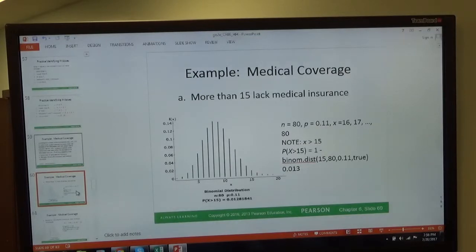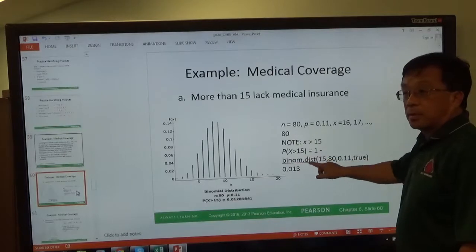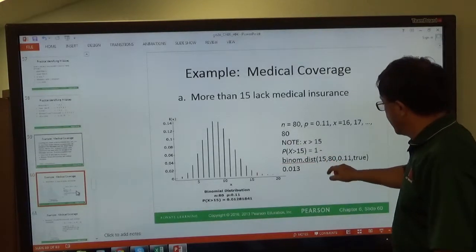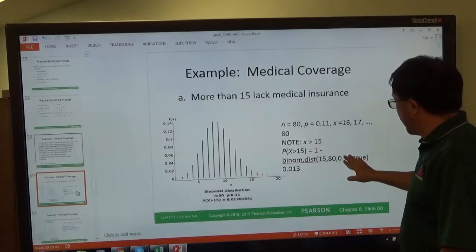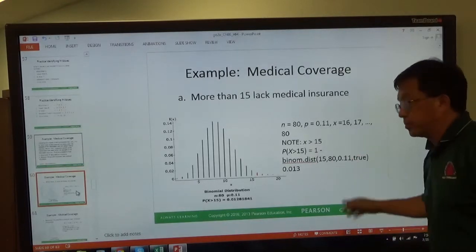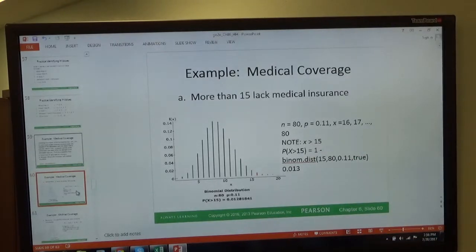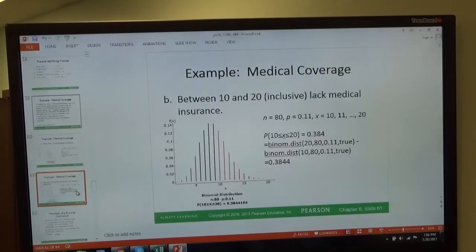So if you look here, you can see 1 minus whatever Excel gave us for 15, 80, the probability, and the cumulative is true. How about between 10 and 20?